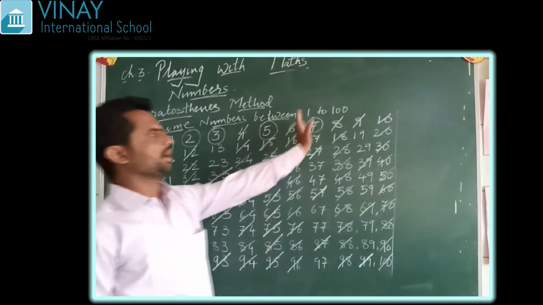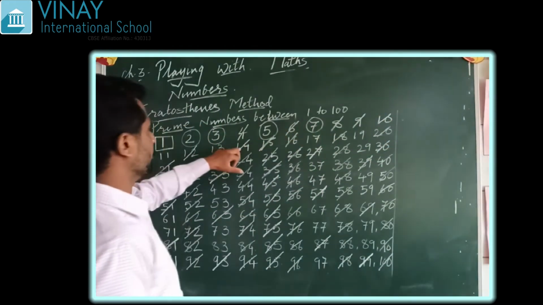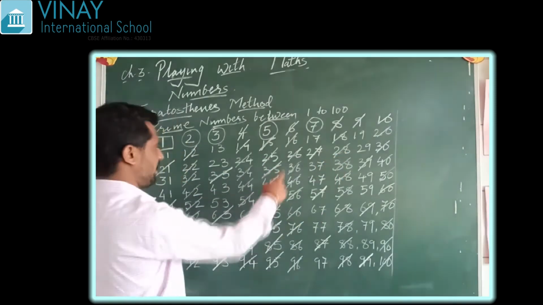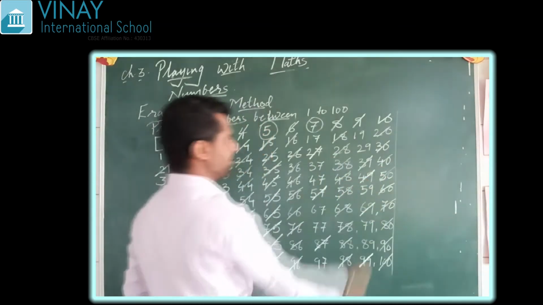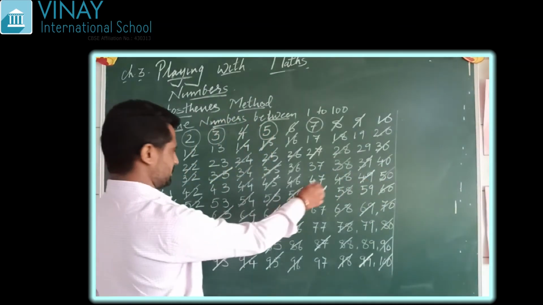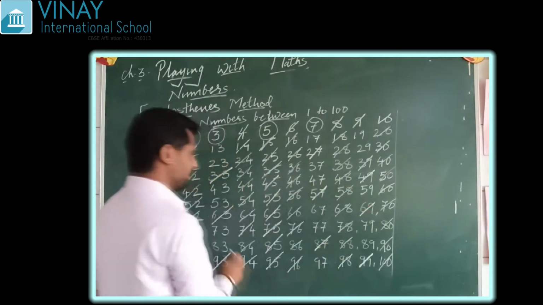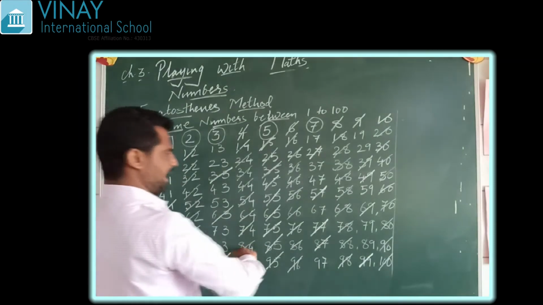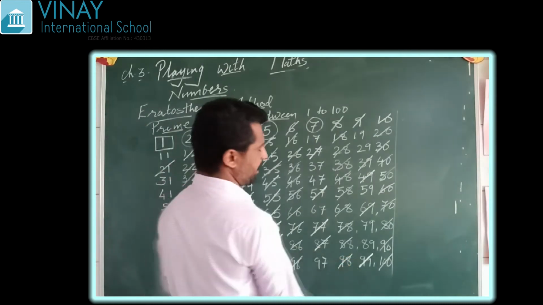Now we need to cut all the multiples of 7. 7, 14, 21, 28, 35, 42, then 49, then 56, then 63, then 70, then 77, then 84, then 91, and the last is 98.